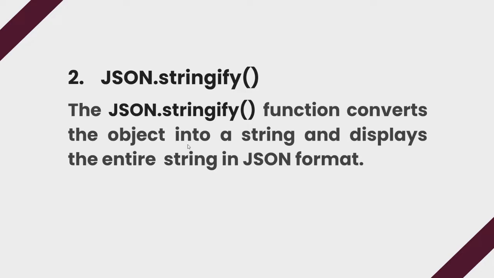But here, every key would be a string, and if the value was a string before, it's going to remain the same way. So for your digits, you wouldn't have them converted to string, but any other thing that was a string before would remain a string, and also all the keys within the object will become strings. So this particular function would actually display the entire string. So you are going to have your key and your values displayed on the screen, everything completely.